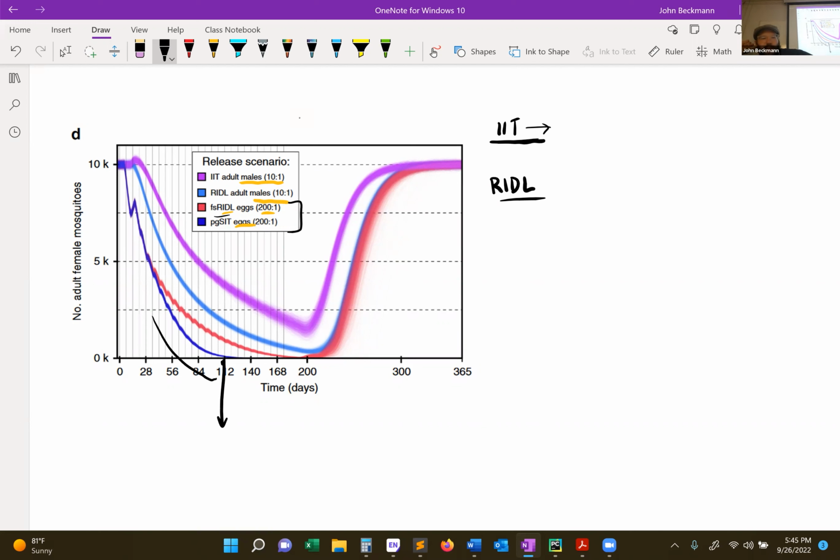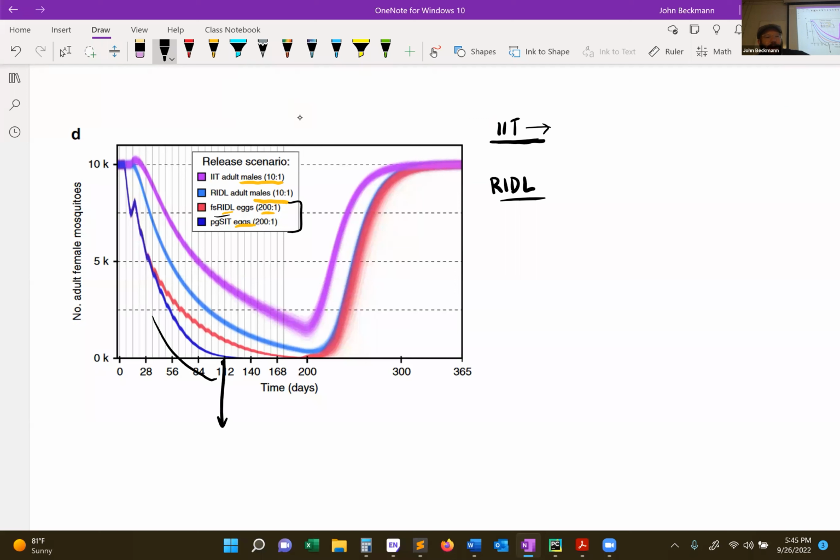I was kind of wondering about how they set those numbers. In theory they could arbitrarily pick 200 to 1 to make their model look really good for their system. If they did some kind of an experiment, like if they released 200 to 1 eggs, how many survive to adults?